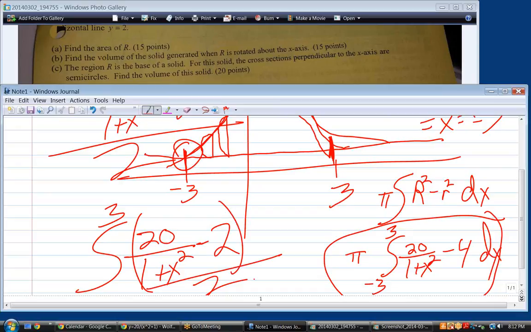So there's the radius. And it's pi r squared. The pi I can remove. This is r, so I'm going to square that whole thing. And it's a semicircle, so I'm going to take half of it.